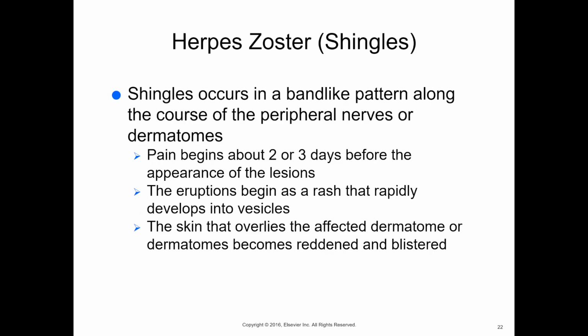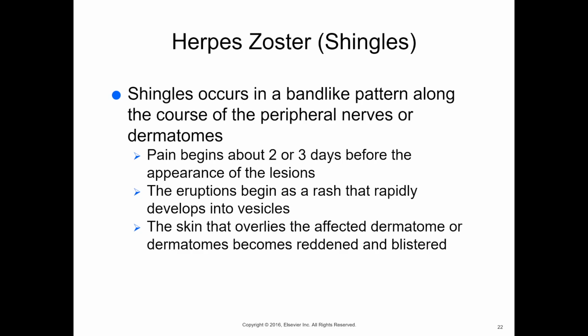Herpes zoster, so this is shingles, kind of like the adult version of chickenpox. The big thing with this, though, is that the herpes zoster virus actually resides in the nerve tissues of the body. It goes dormant and it hangs out there until it flares up.